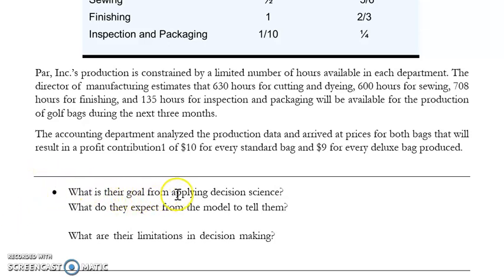Let's go for the first question. What is their goal from applying decision science? Whose goal? The management team. Why are they asking you to help them with the problem? What is their goal? What are the things that they want to achieve that put them in the difficulty of getting the best answer? What is the best answer for them? What does the best answer do for them?